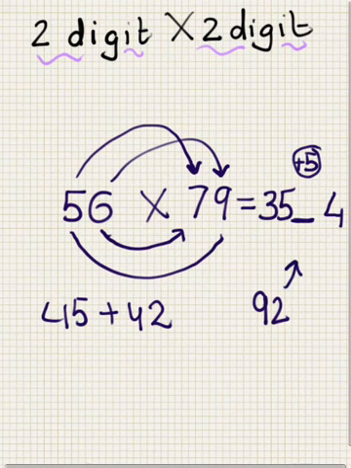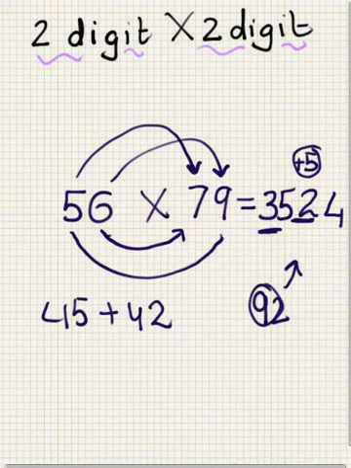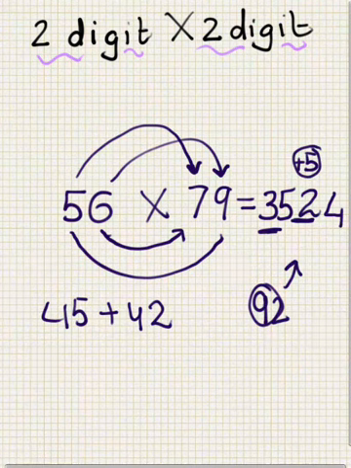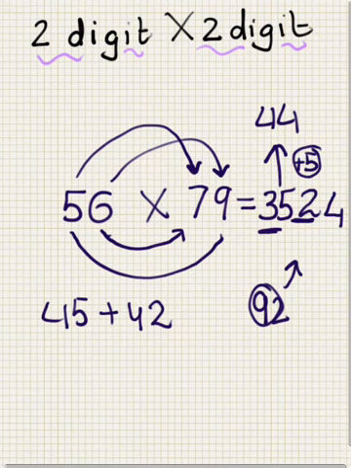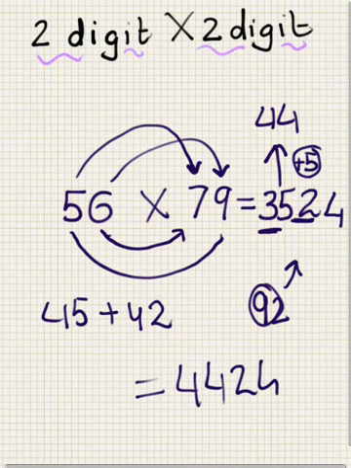As we saw earlier, we carry over the tens term, so we only put 2 here, and then we add 9 to 35. So 35 plus 9 becomes 44. So now 56 times 79 becomes 4,424. That's your answer.